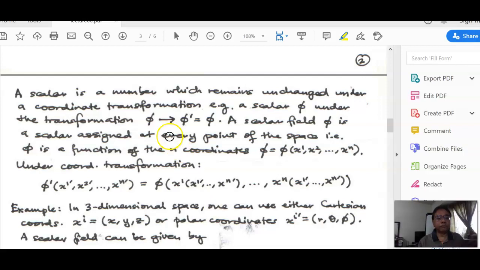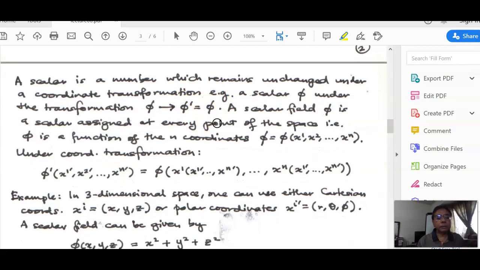So in other words, one can define a scalar given by phi in the undashed coordinate system, and then when we go to the dashed coordinate system, this phi dash should be equal to phi. It's like a constant. Okay? But the quantity phi itself can depend on the coordinates. It's just that the value it carries should be the same.